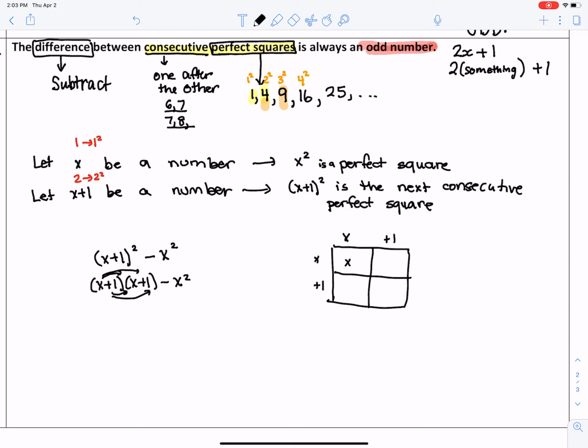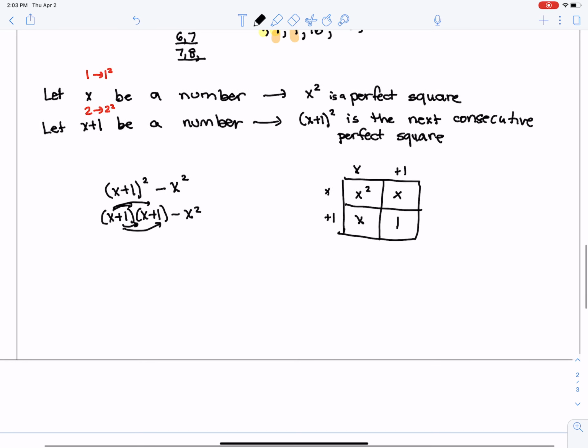Okay, x times x is x squared, x times 1 is x, 1 times x is x, 1 times 1 is 1. So this result is x squared plus 2x plus 1 minus x squared.